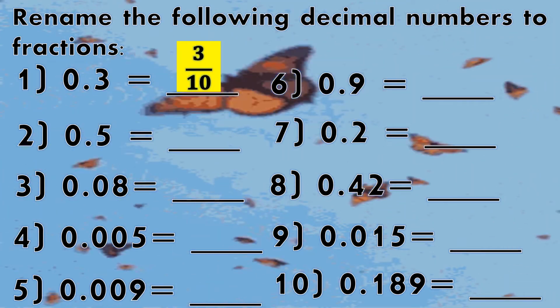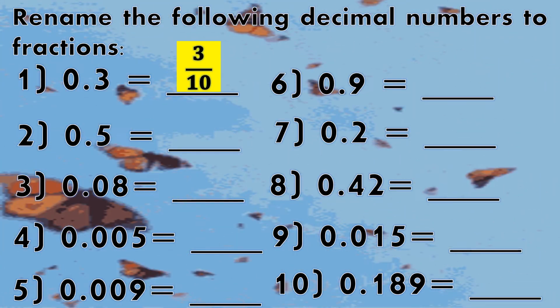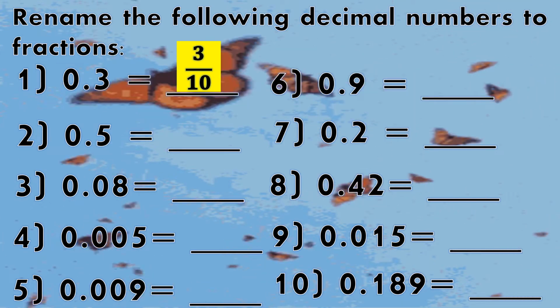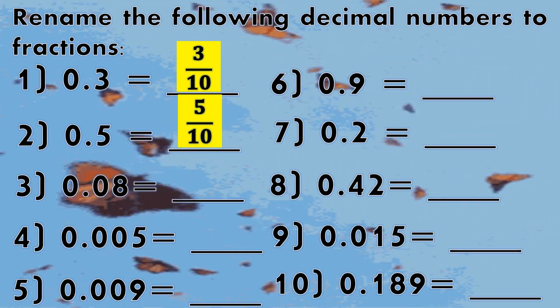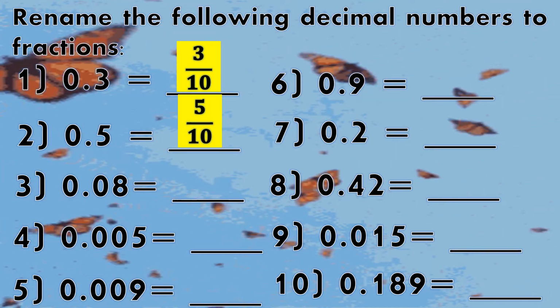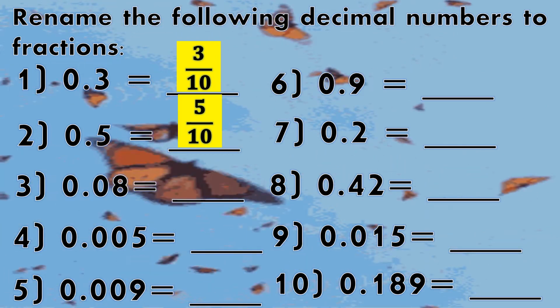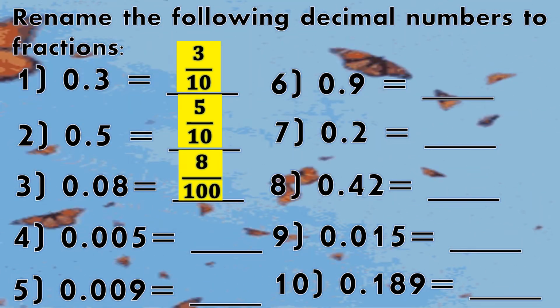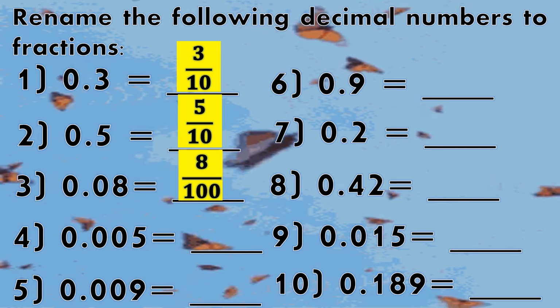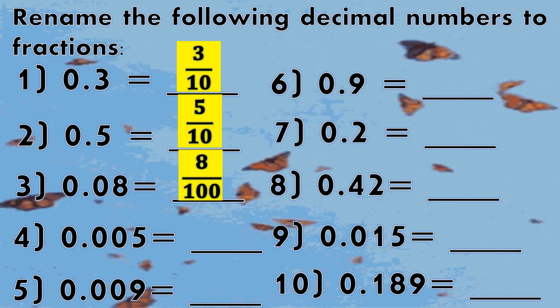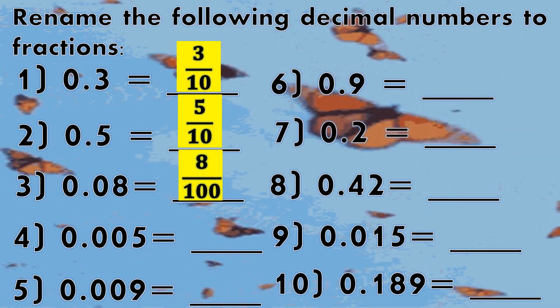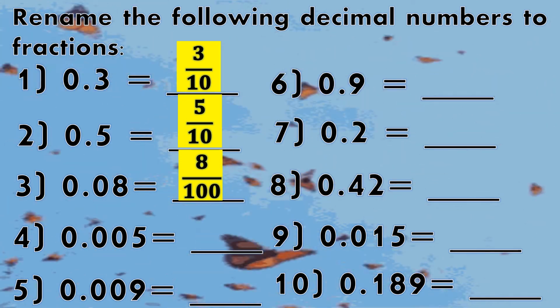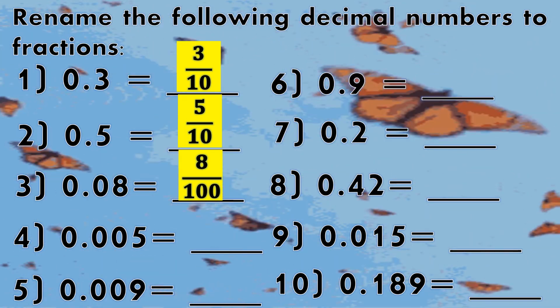In number 1, we have 3 over 10 because it's 3 tenths. Number 2, same with number 1, is 5 tenths, 5 over 10. Then number 3 is 8 hundredths because 8 is in the hundredths place. So 8 over 100.